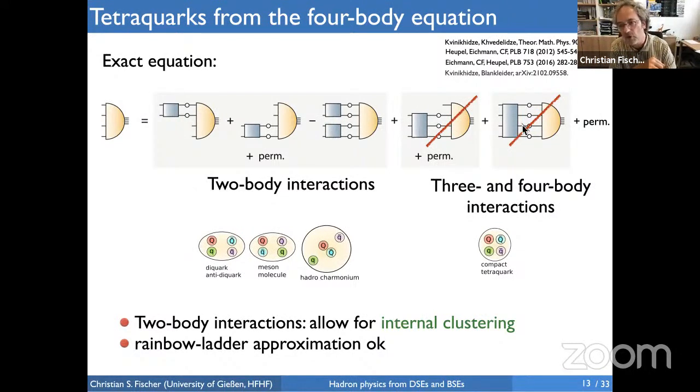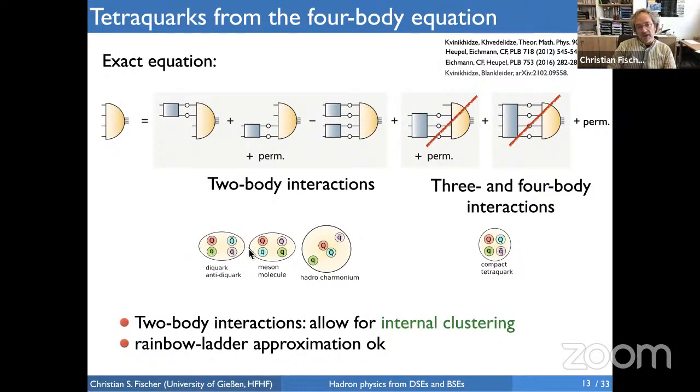If these forces are dominant, you would expect some compact tetraquark structure. So by neglecting these, I say, okay, I will not allow for this possibility, but I will still allow for these possibilities. And I will actually argue that this is the right way to look at this equation, if you bear with me for a couple more slides.